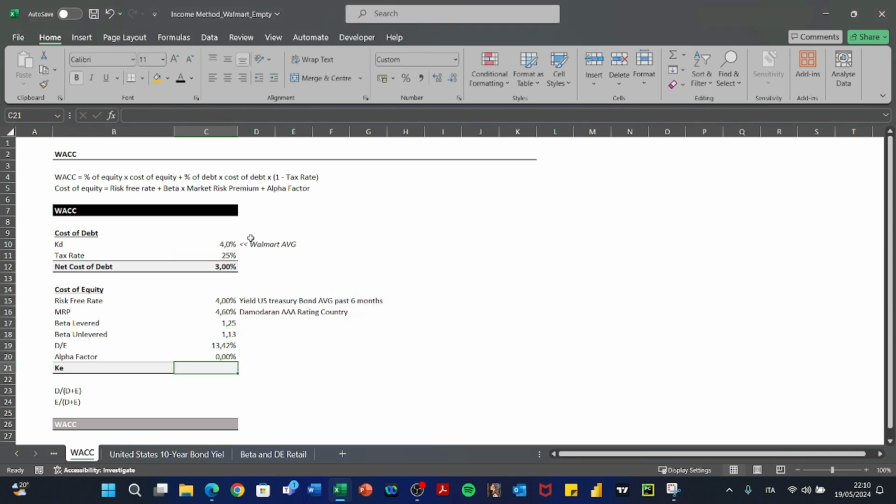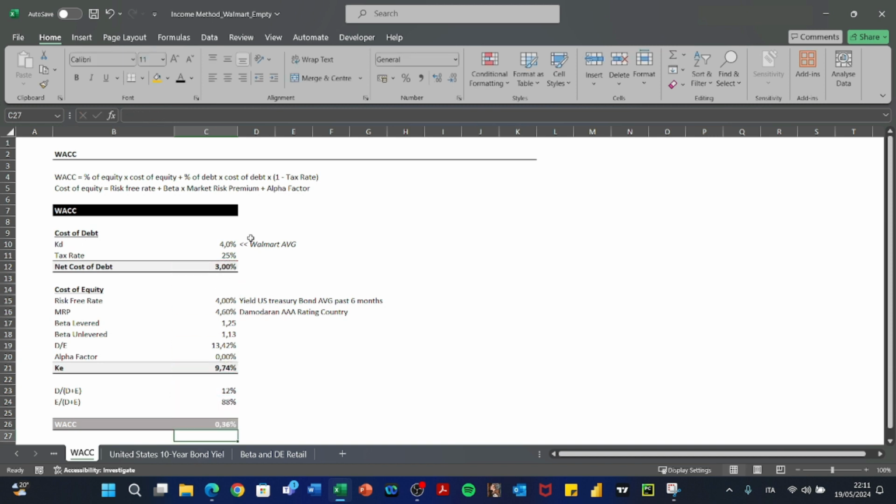The alpha factor in this case is 0. If you want to know more about the alpha factor, please check the video of the DCF, the Apple DCF. The formula is divided 1 plus this other one plus 1 is my debt.